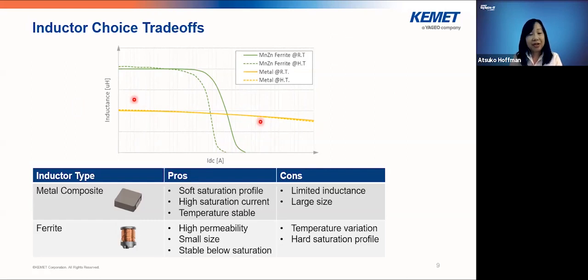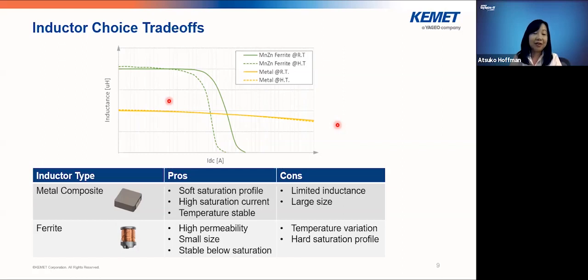So those are the good things for the metal composite inductor, but there are some drawbacks. It is related to the material itself. The metal composite inductor material does not have as high permeability as ferrite inductor material, so that limits making large inductors in small sizes. So these are the drawbacks.